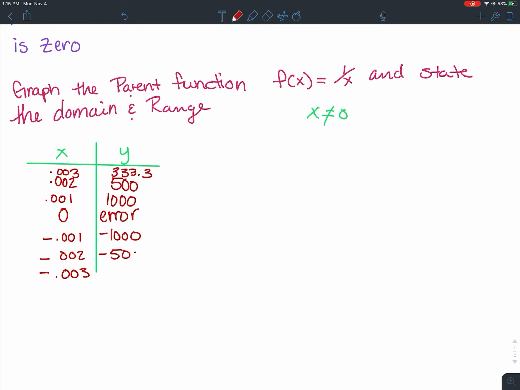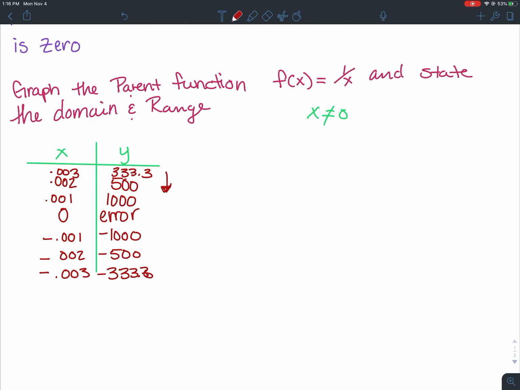But that's not just going to stop at 1,000 and negative 1,000. If I plugged in 0.0001, it would get even bigger. If I just kept making that decimal really, really small, my y values would get really, really big. So as I'm getting closer and closer to 0, what is happening to my y values?